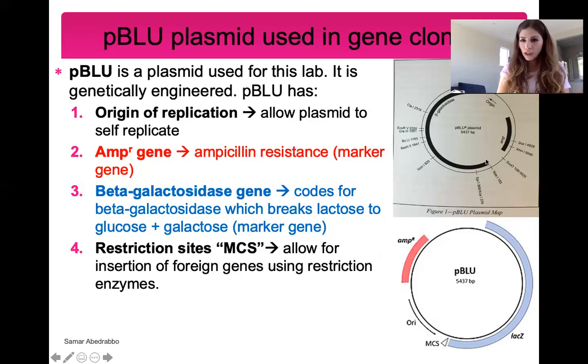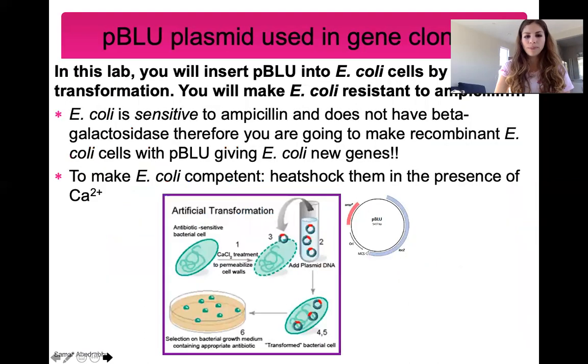This is too much detail for you guys, but if you want to insert your gene, you're not going to insert it in the middle of your beta-galactosidase gene or the ampicillin resistance gene, because you'll break those genes. So in this plasmid, this area right here is a good area to insert my gene because it's not going to affect the ampicillin resistance gene, and it's not going to affect the beta-galactosidase or LAC-Z gene.